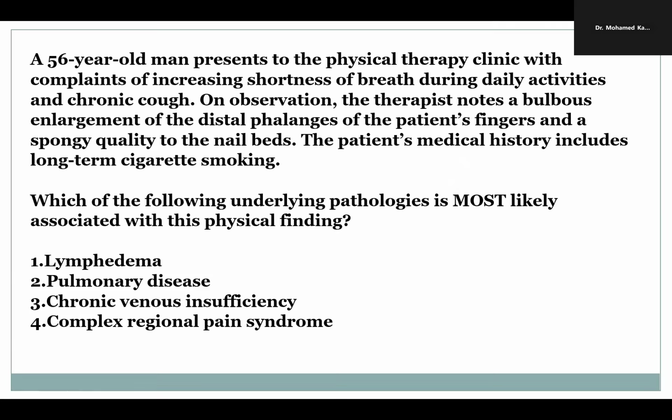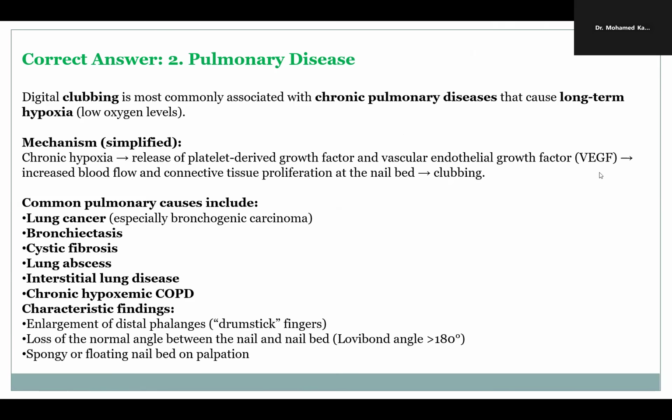So this clubbing is usually associated with lymphedema, pulmonary disease, chronic venous insufficiency, complex regional pain syndrome. And what is the correct answer? The correct answer is number two, pulmonary disease.